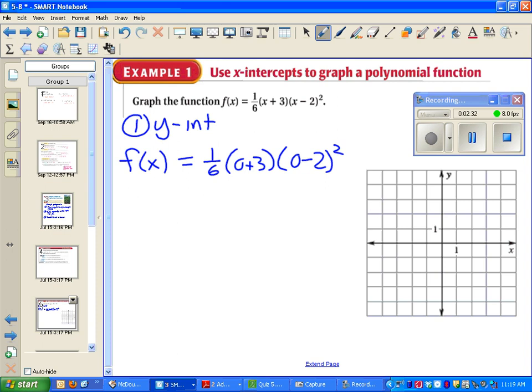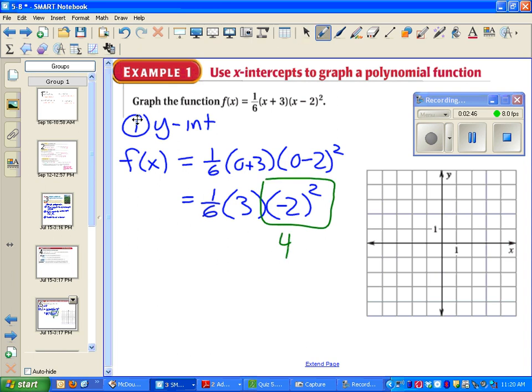When I simplify that, I get 1/6 times 3 times -2 squared. Make sure you do order of operations first. So we're going to square -2 and get 4, and so we have 1/6 times 3 times 4. Multiplication is commutative, so we can have 1/6 times 12, and that would be 2. So our y-intercept is 2.